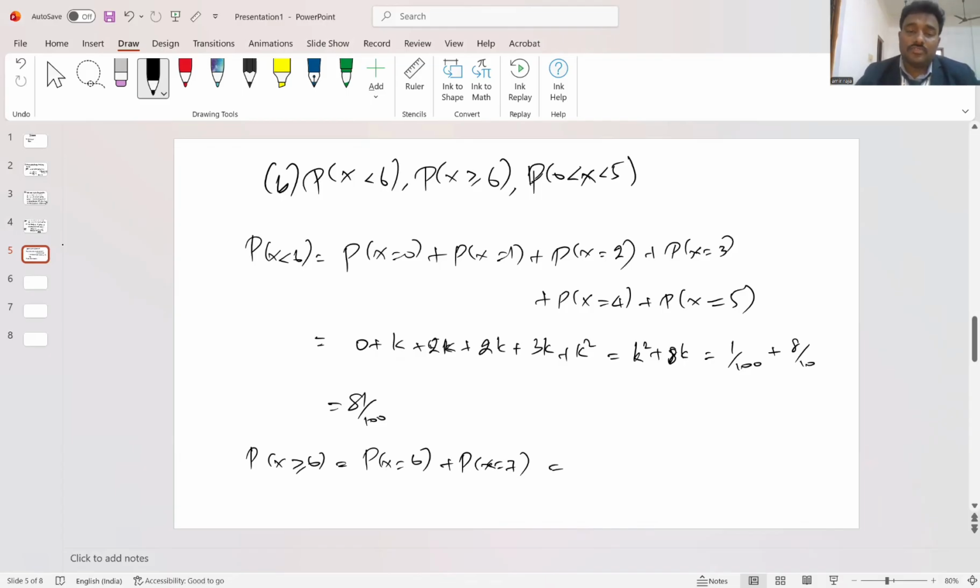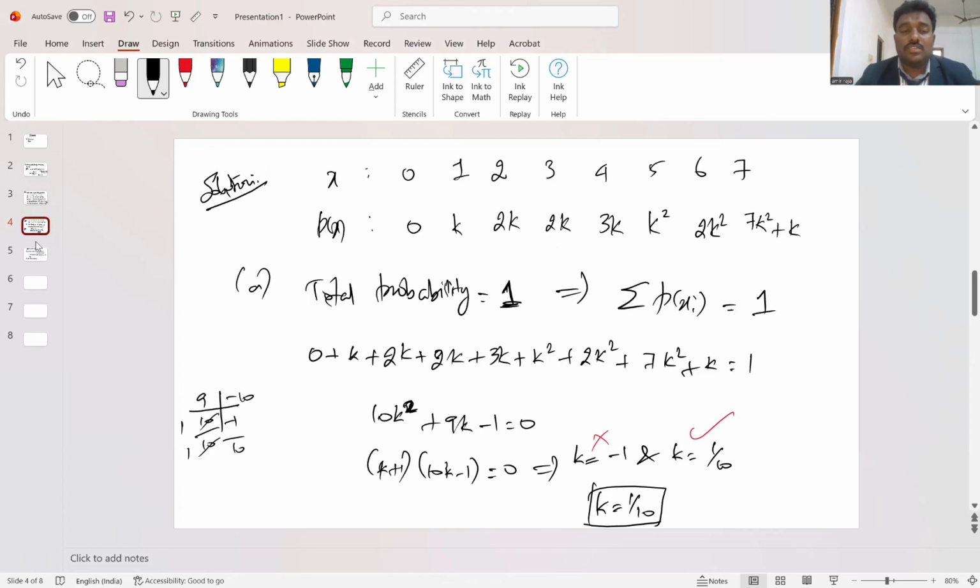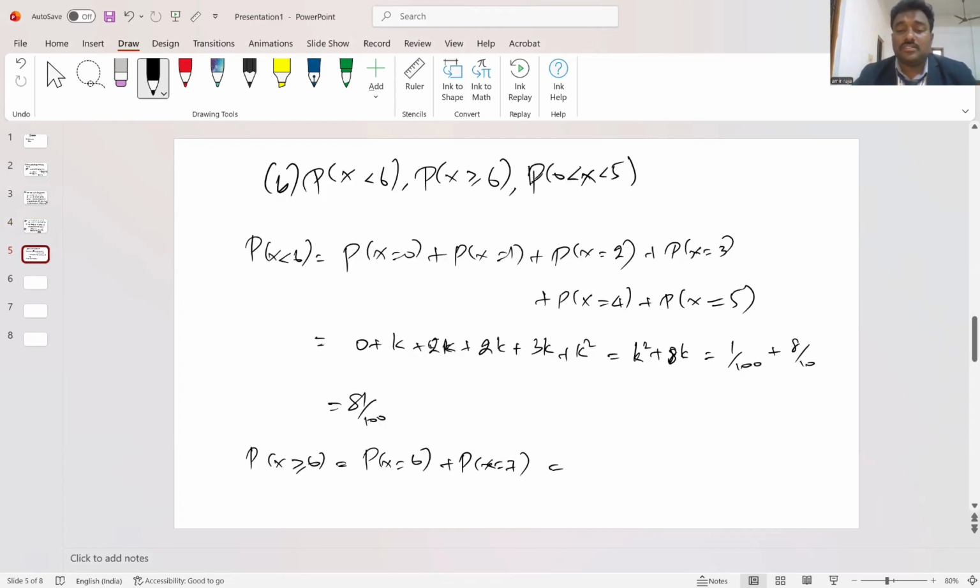For x equal to 6, the probability value is 2k square, and the next term is 7k square plus k. If you add them, it becomes 9k square plus k. So it is 9 by 100 plus 1 by 10, which is 19 by 100.